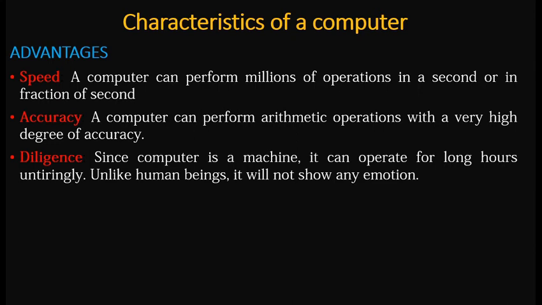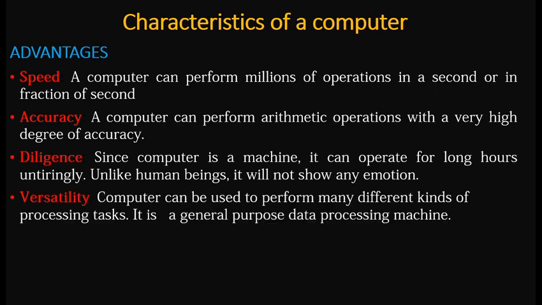That's the reason why routine work can be done by a computer very easily: because a computer is a machine, it doesn't have any emotion, and with all obedience it will do all the work for us.